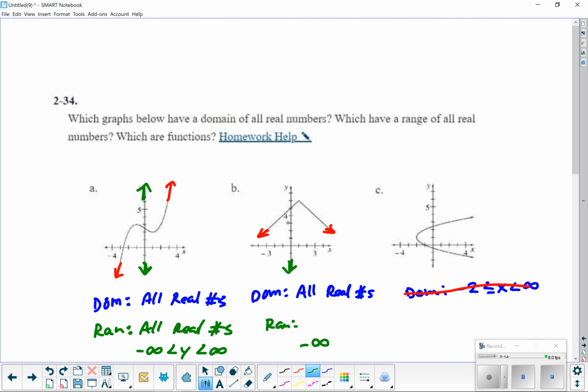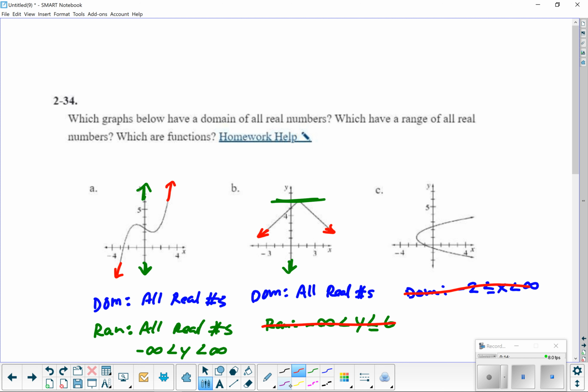The highest it goes is just right here, so it doesn't go all the way up. So your range is going to be from -infinity less than y less than, and then it only goes up to, let's say, 4, 5, 6. So that means that's not all real numbers. So this one does not work.